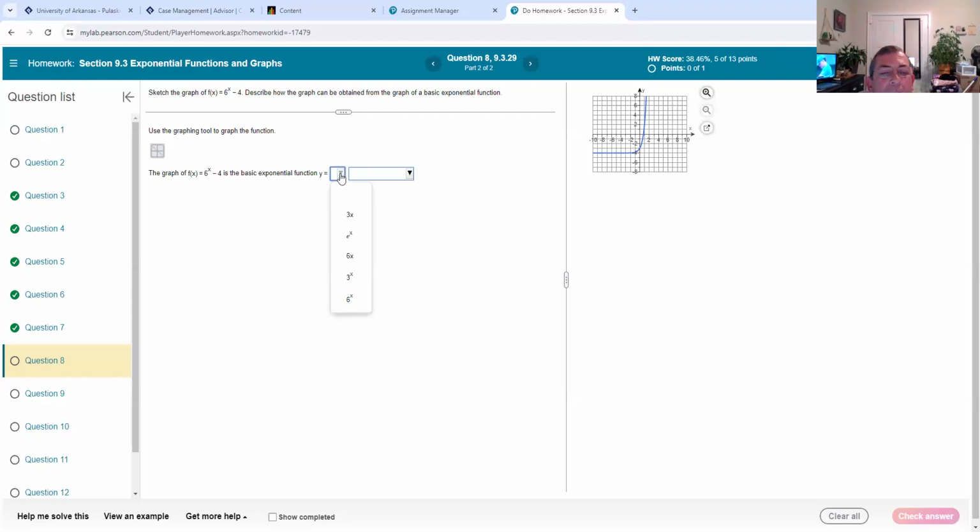So y equals 6 to the x. Come pick the graph you started with. And then y'all said shift it down 4 units. So some of these you'll figure out the moves first. Some of these you'll graph and then tell what moves you had, okay?